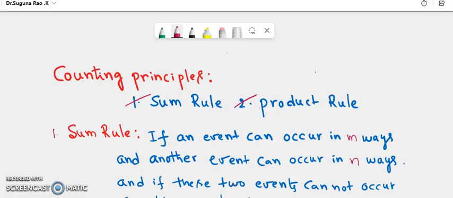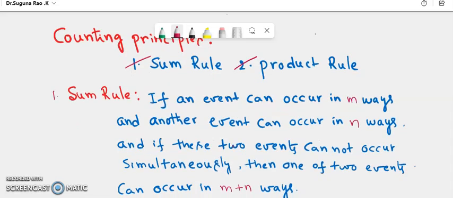If an event can occur in m ways and another event can occur in n ways, and if these two events cannot occur simultaneously, meaning these two events cannot occur at the same time, then one of the two events can occur in m plus n ways.